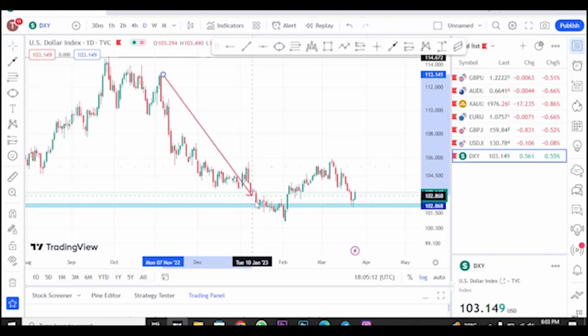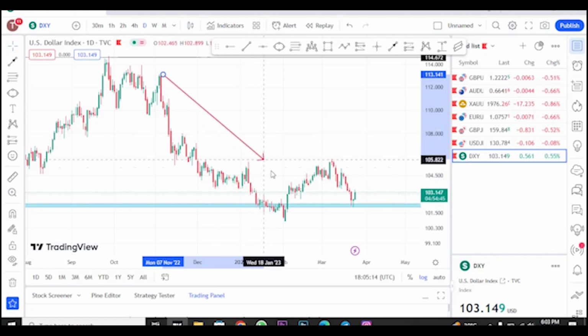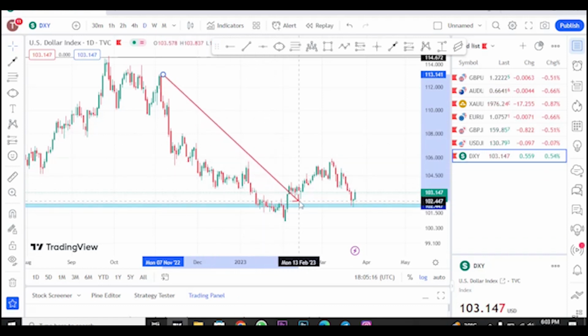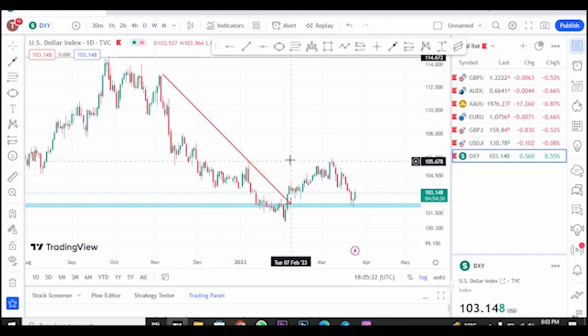As we can see, the US dollar was moving in a bearish type of movement right here. The US dollar was selling heavily. So when we move into the other pairs where the US dollar is the base currency, you will see that pair also moving in a bearish type of movement.